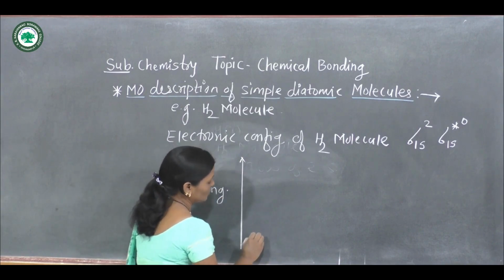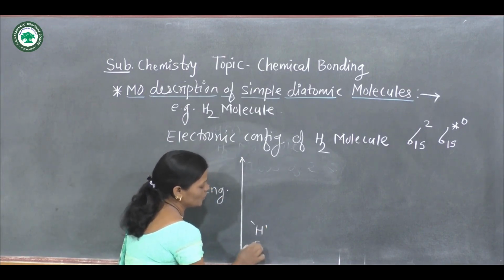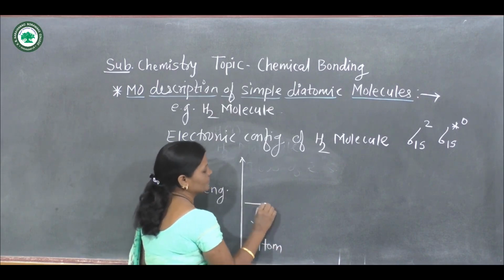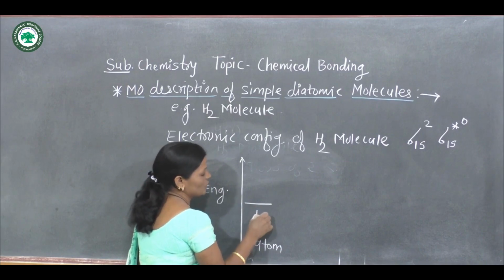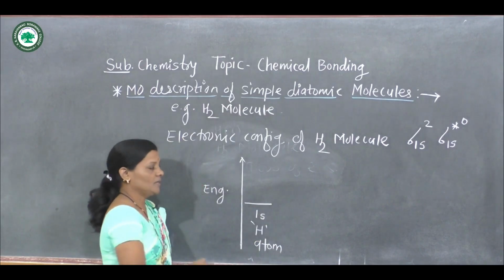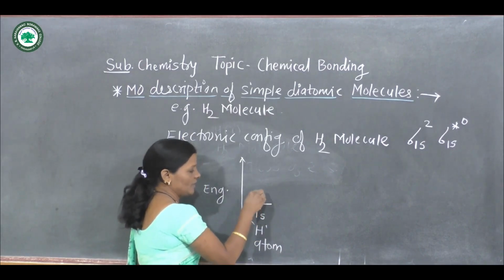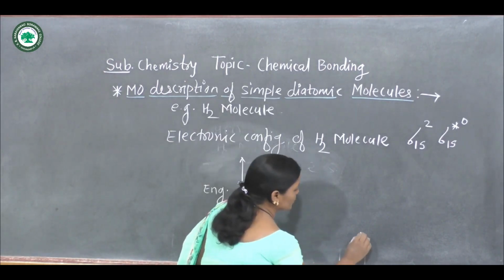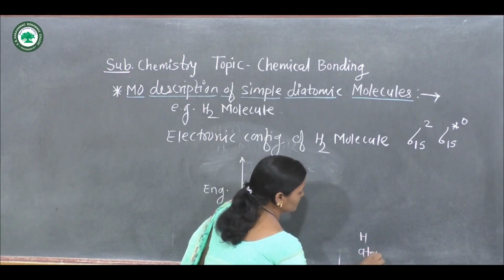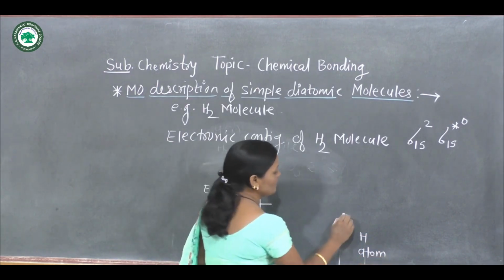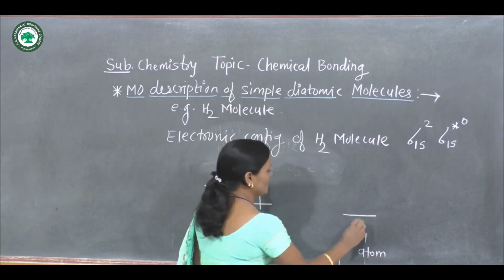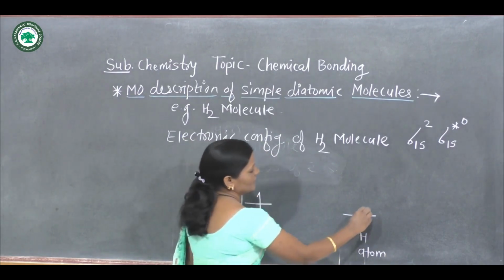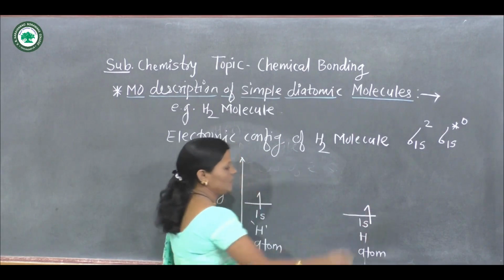Now here we have to consider a hydrogen atom and its 1s atomic orbital that is having a single electron. Now the second hydrogen atom combines linearly with the other hydrogen atom. Here the atomic orbital is the 1s atomic orbital and that is having a single electron.